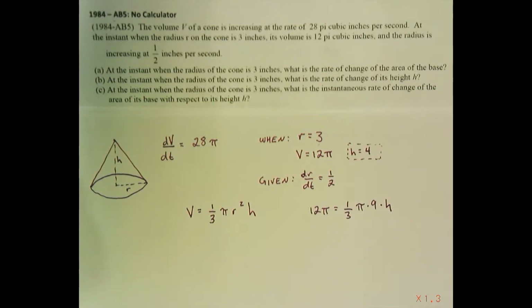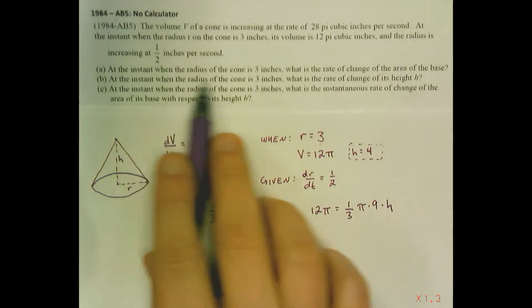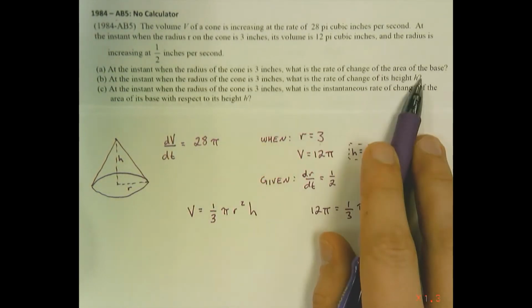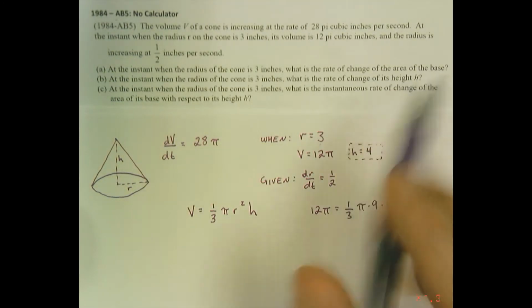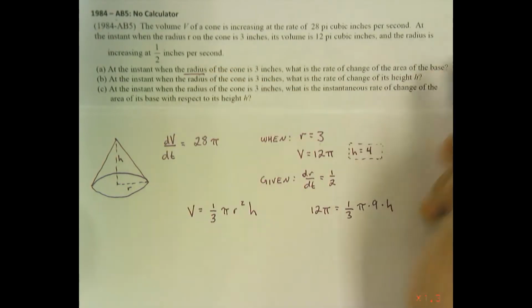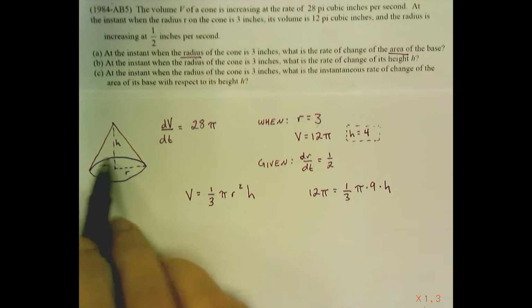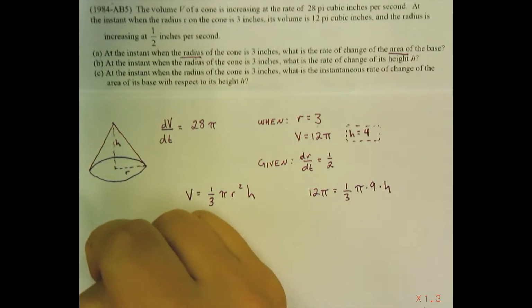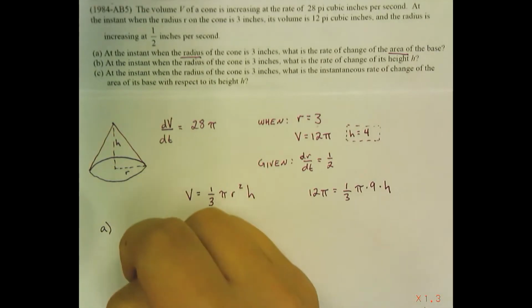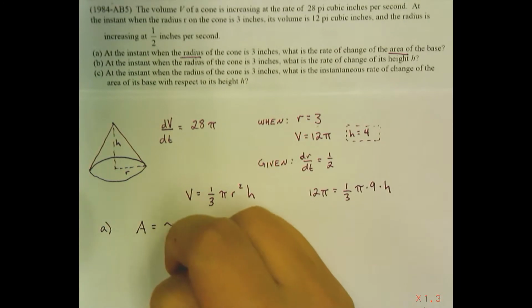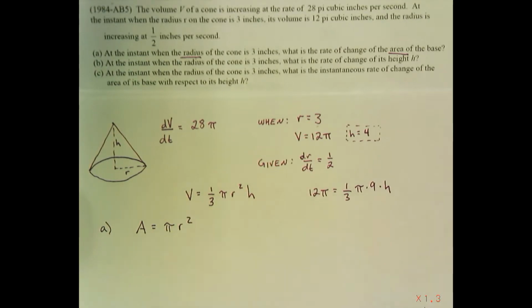Okay, part A asks us, at the instant when the radius of the cone is 3 inches, what is the rate of change of the area of the base? So we're trying to relate radius and area. And for a cone, the area of a base is a circle. So the relationship that we're looking at is the area of a circle, relating the area to the radius.